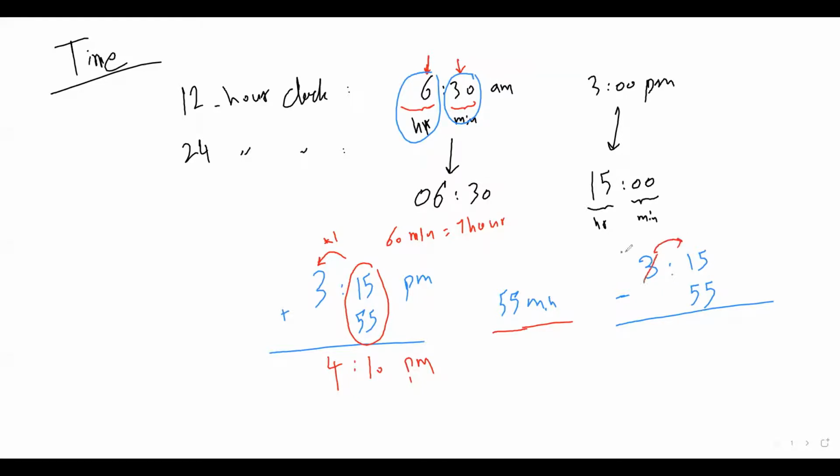So this becomes 2, but 1 hour is equal to 60 minutes. So you add 60 units to this, it becomes 75. And now you subtract 55 from 75, which gives you 20, right? And 2 minus 0 is 2. So you left school at 2:20 p.m. and after 55 minutes, you reach home at 3:15.